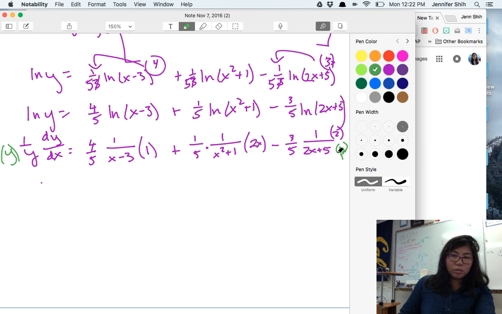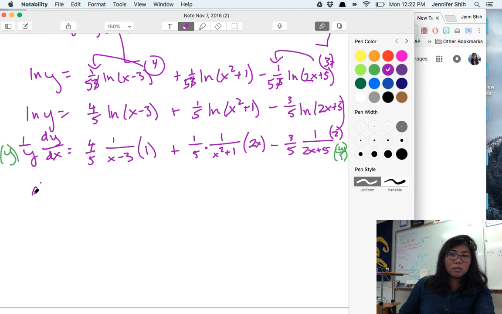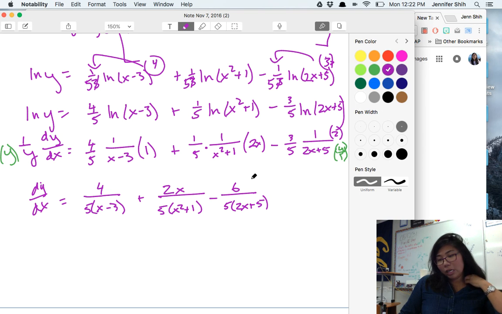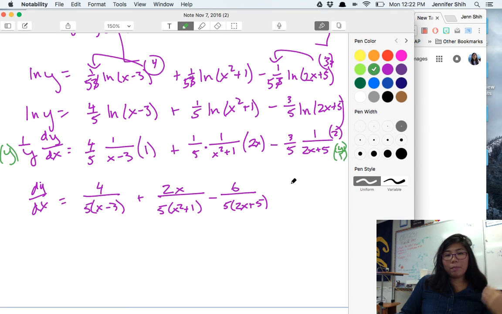So I'm going to write dy/dx is equal to, I can combine this, 4 over 5 times x minus 3, plus 2x over 5 times x squared plus 1, minus, combining this, 6 over 5 times 2x plus 5. Am I on my way? Yeah. And all of this is multiplied by y.